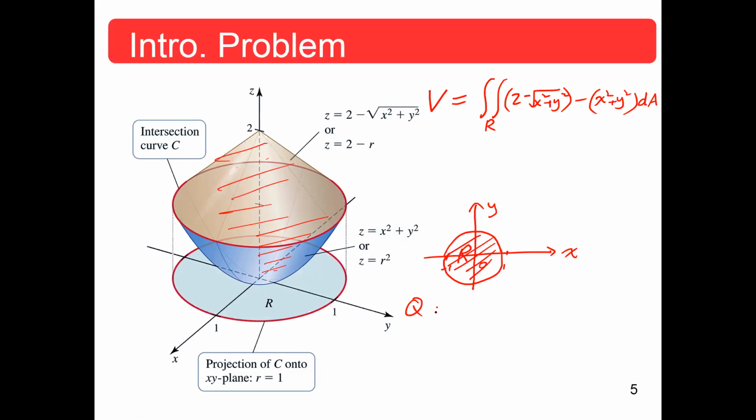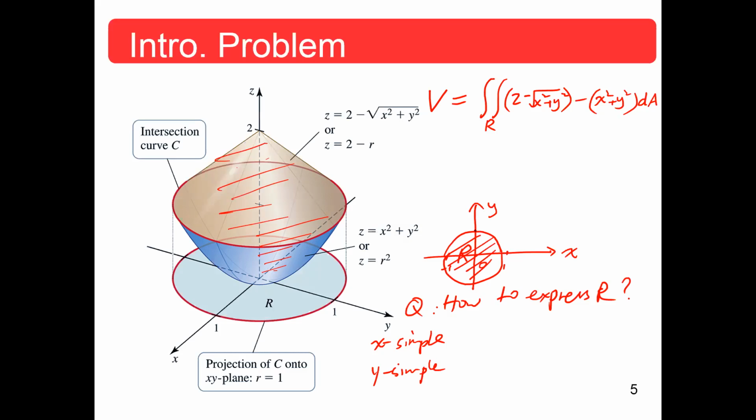Now the question is how to express this region R. As we said last time, if you use Cartesian coordinates, then you can do either x simple or y simple, depending on the shape of the graph of region R.